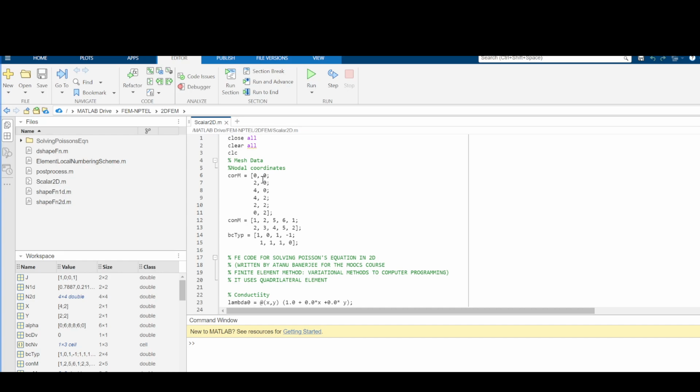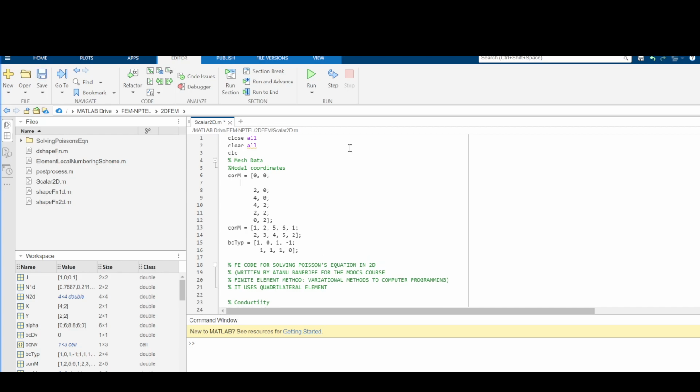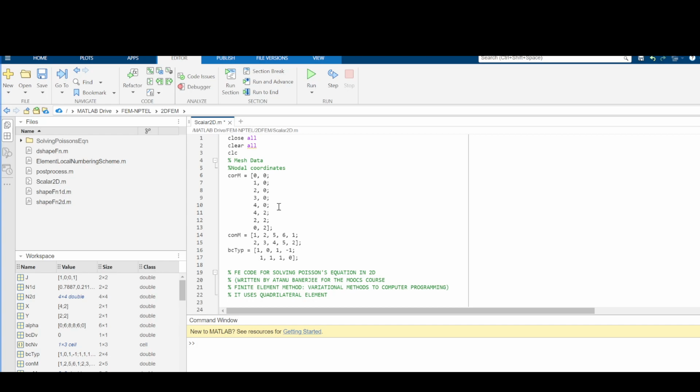First of all, we have 10 coordinates. First is 0, 0. Then we have 1, 0, 2, 0, 3, 0, and then we have 4, 0.